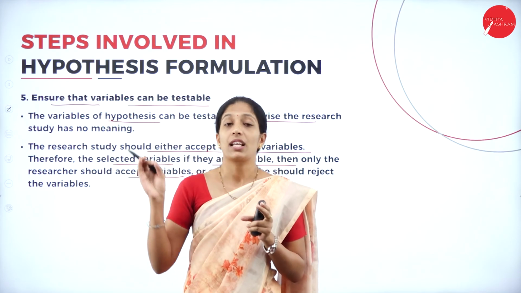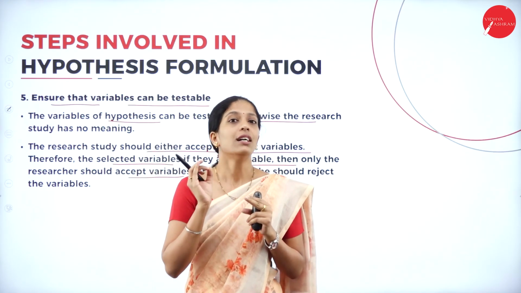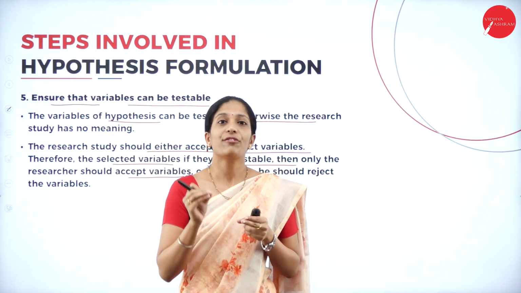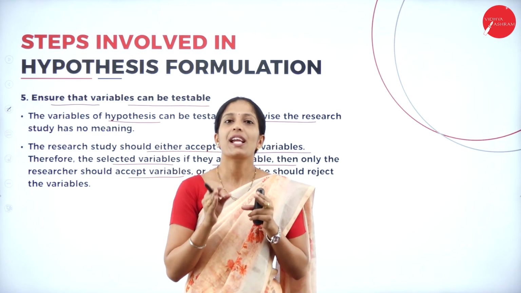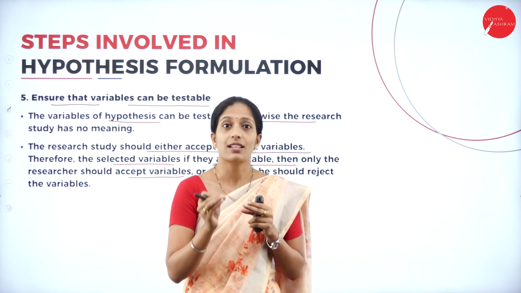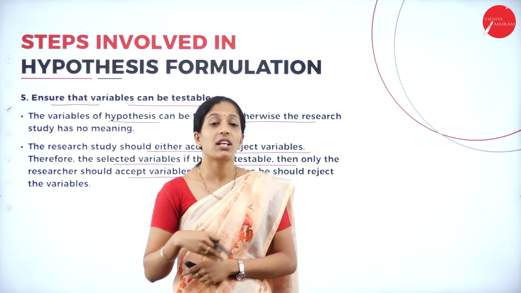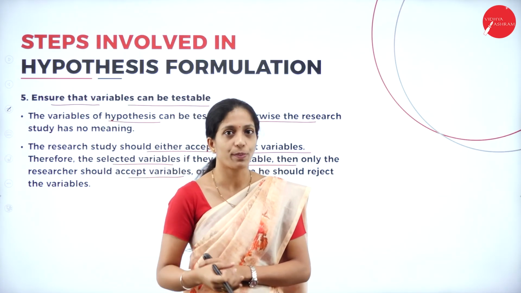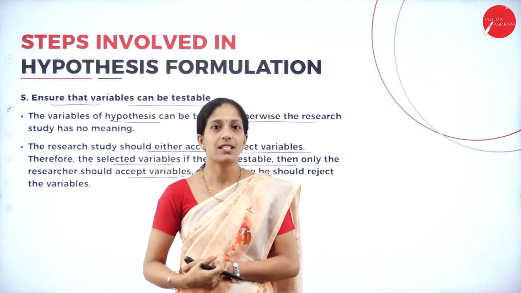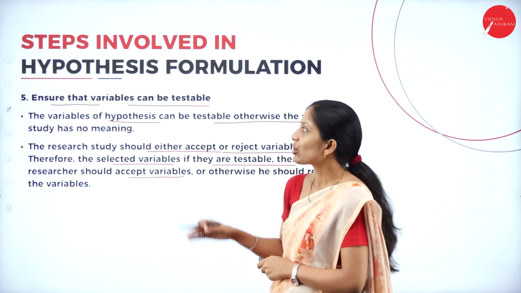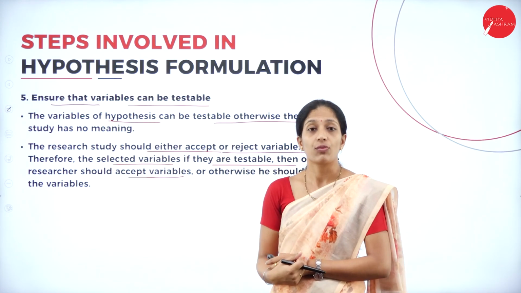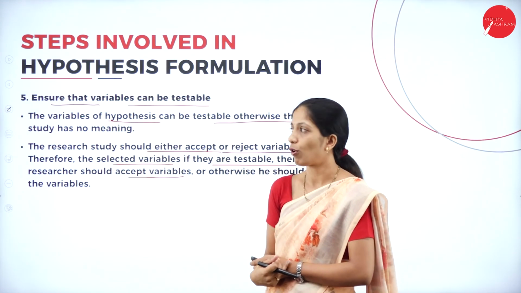What you have to remember here is that the variables the researcher identifies in the hypothesis should be such that they can be tested at the end of the research work. If the variables are not in a position to be tested, then those variables have to be rejected. So these are the few steps involved in hypothesis formulation.